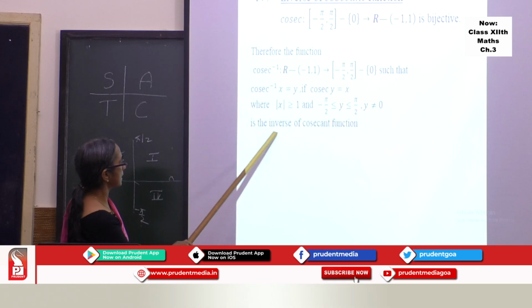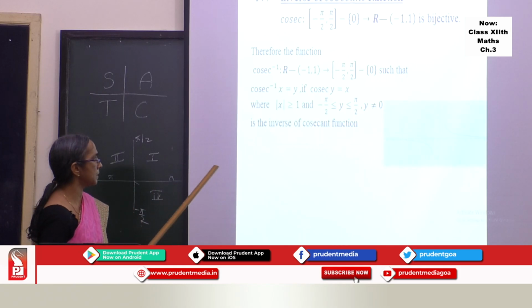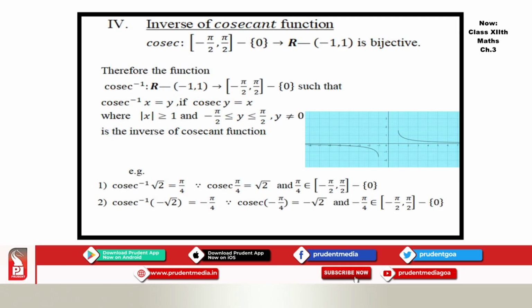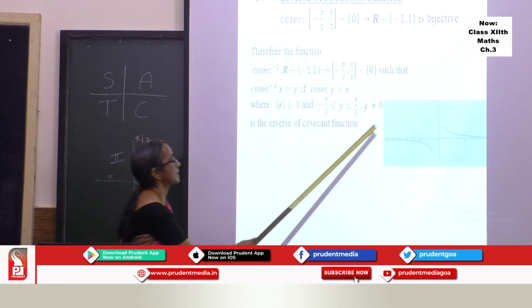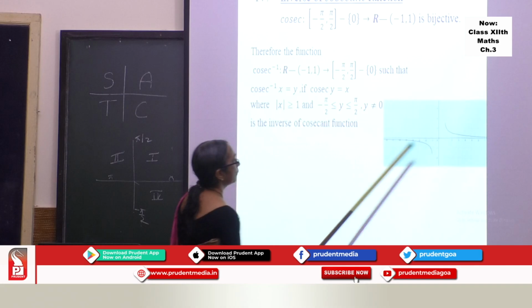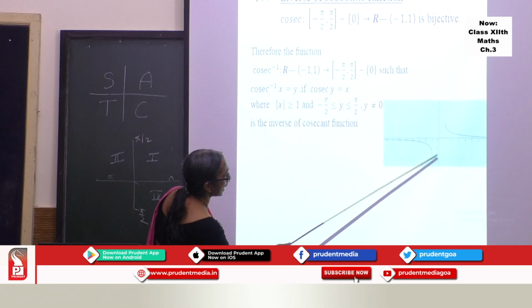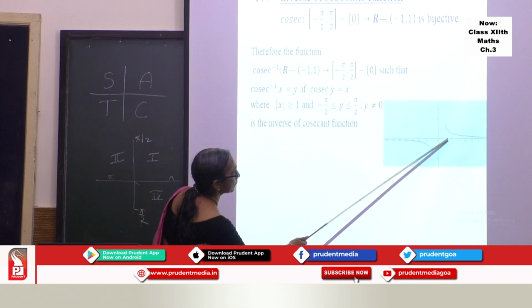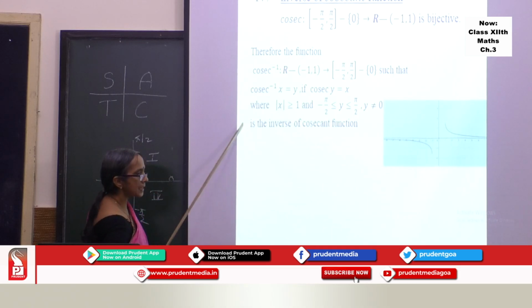This is the inverse of the cosecant function. Let me show you the graph. This is the graph of the inverse of the cosec function. It is a function; the x value goes from 1 to infinity and from minus 1 to minus infinity.